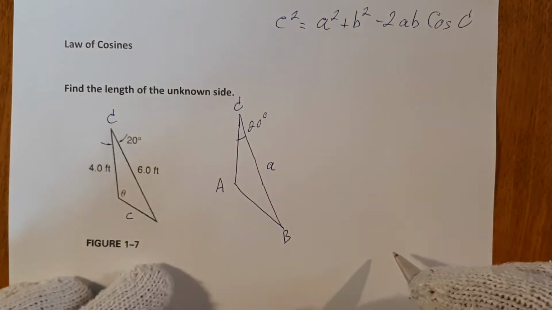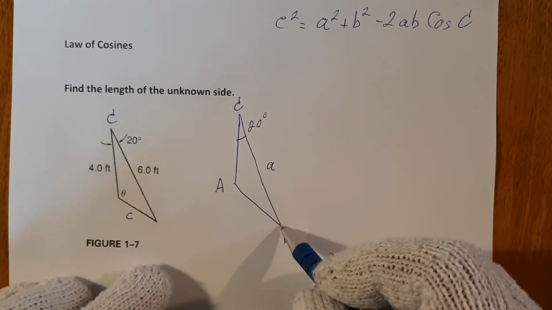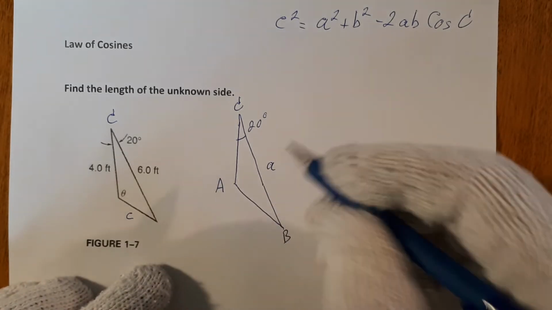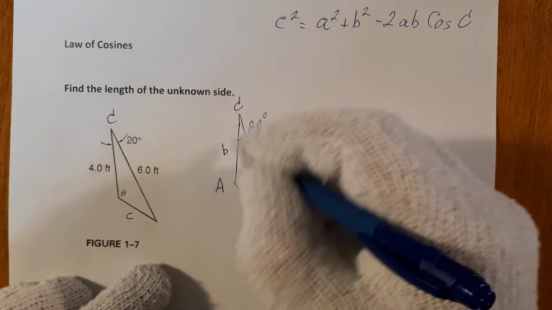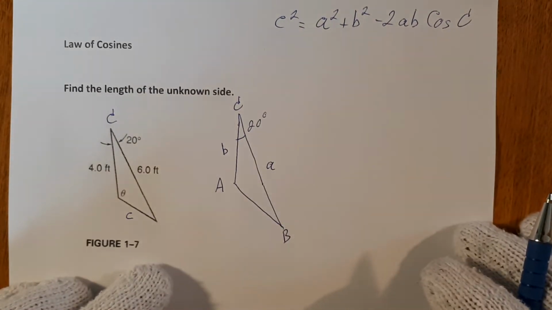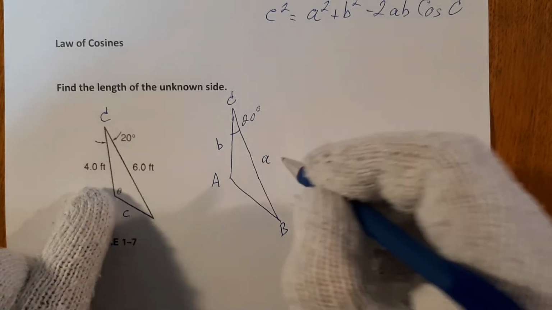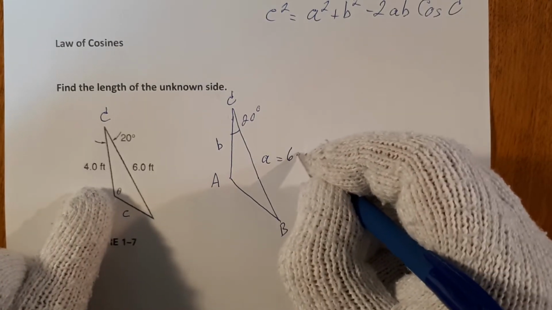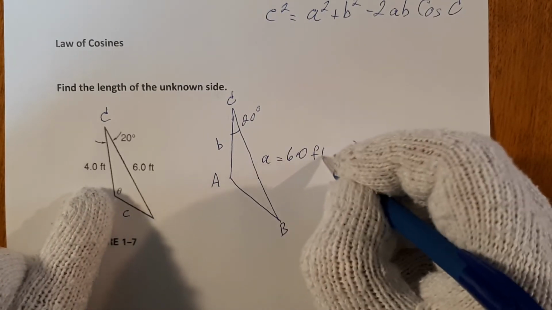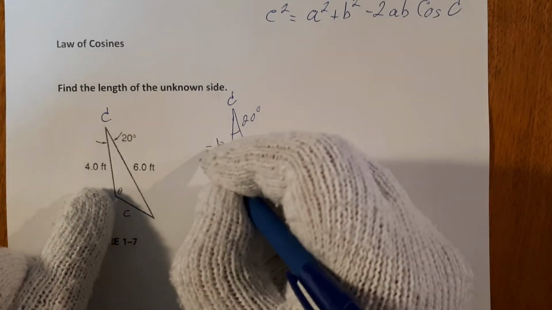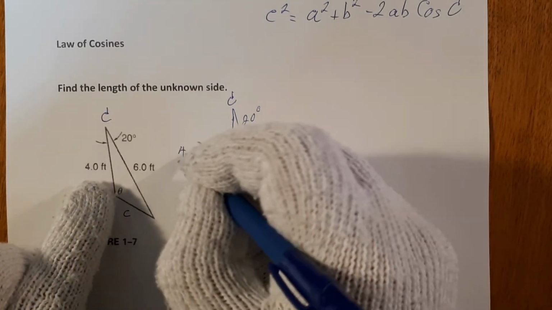And this is angle B. Opposite angle B would be lowercase b, which is the length of that side. And we know what those two lengths are. So length a is 6 feet, and length b is 4 feet.